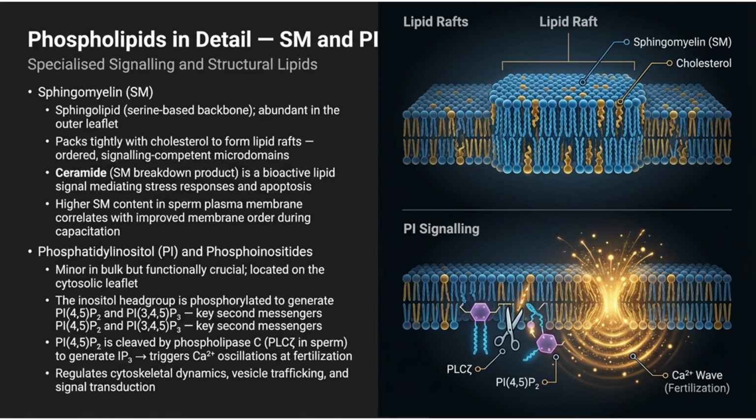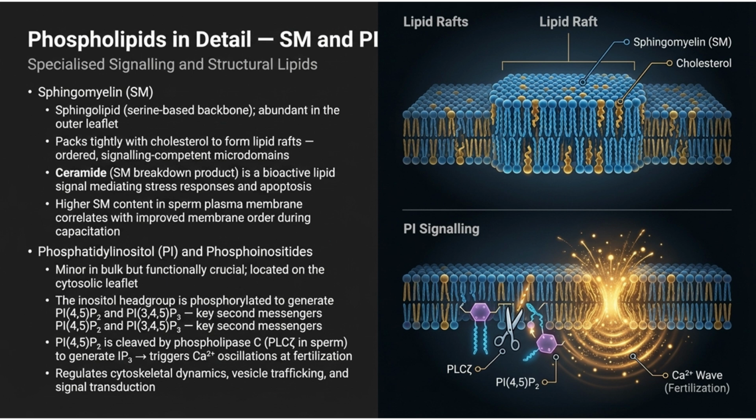Think of lipid rafts as specialized platforms. Because they are more ordered and less fluid than the surrounding bilayer, they selectively concentrate certain proteins while excluding others. This selective compartmentalization allows the cell to assemble multi-protein signaling complexes efficiently and to keep different signaling pathways spatially separated so they do not interfere with one another.